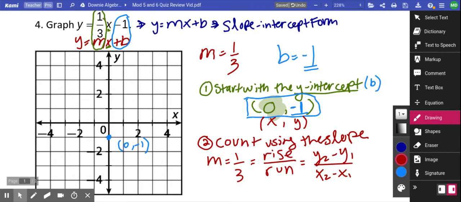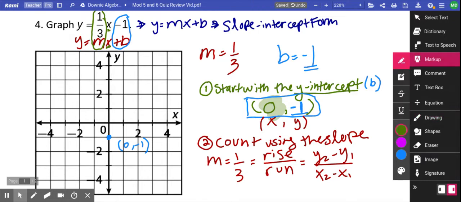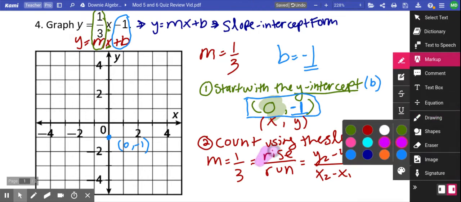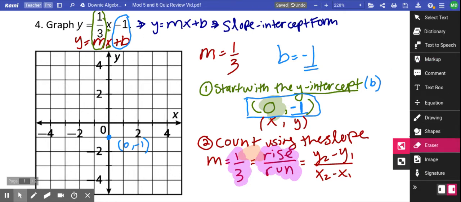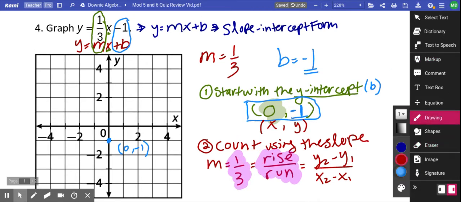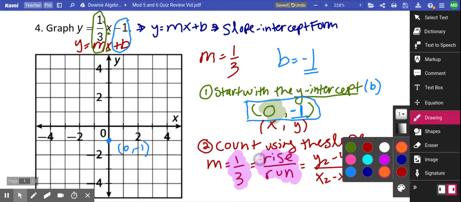If I'm graphing it visually, my rise over run is going to help me the most. How does this help me? Well, my rise is equal to 1, and my run is equal to 3.